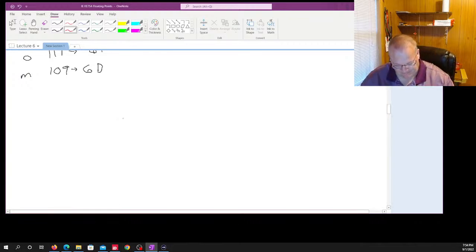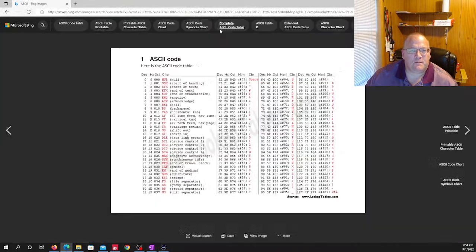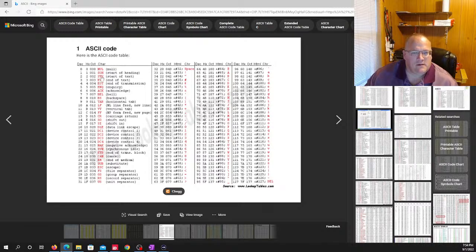So the problem with this is, though, there's actually a major problem. This is fine if you're just working in English. It has all the letters. But how about if you want to do a Spanish word that has an umlaut, or not umlaut, but I'm not even sure the nomenclature for it.